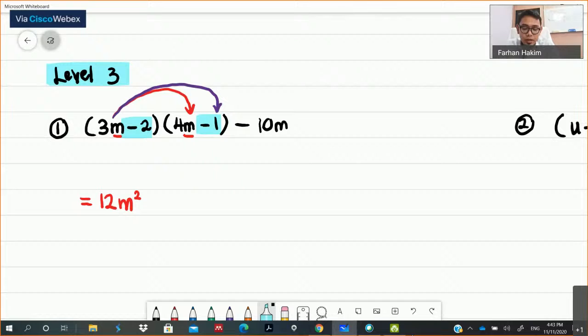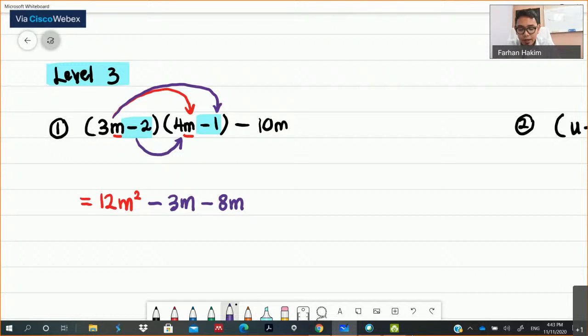Okay, so now 3m multiplied by negative 1, we will have negative 3m, all right? Again, negative 2 multiplied by 4m, we will have negative 2 multiplied by 4, negative 8m.